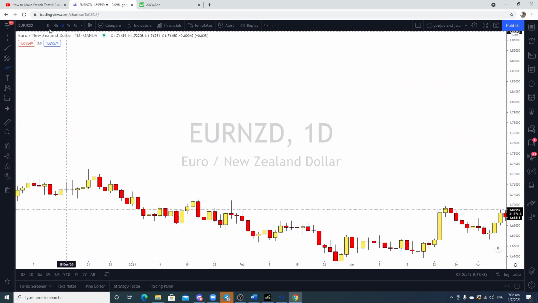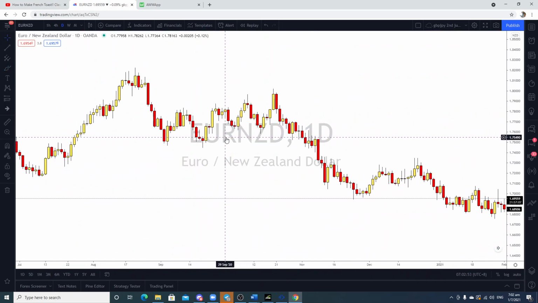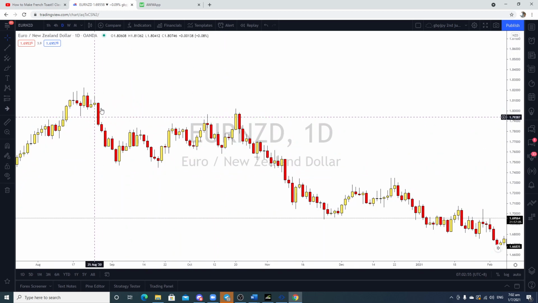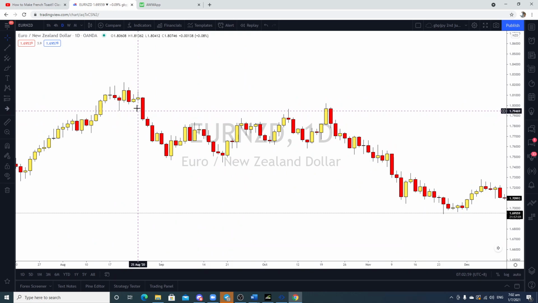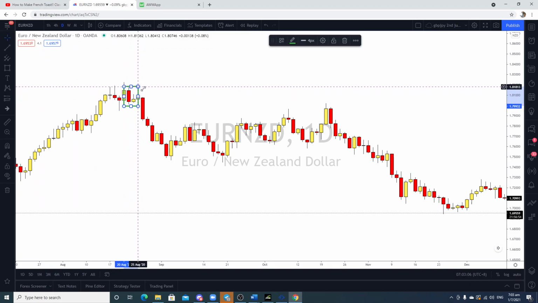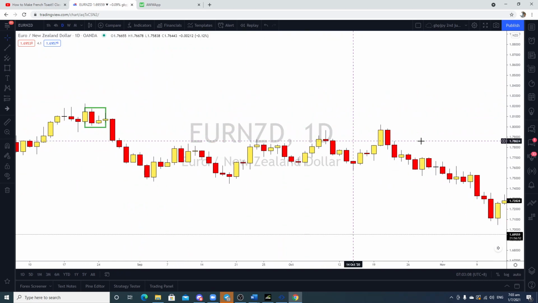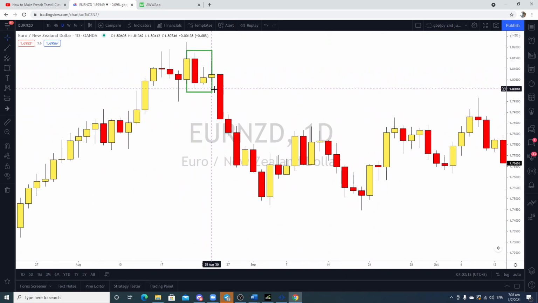Let me just zoom in. From here we can see one inside bar here. You can see this inside bar here.